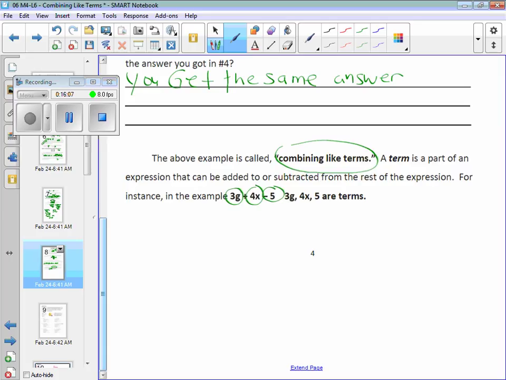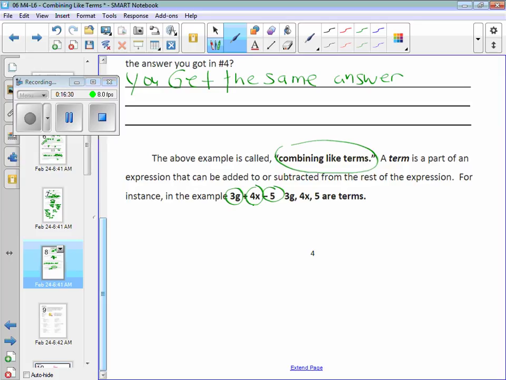Just a whole number by itself is a term. Now, there are rules of what we are allowed to combine and what we're not, which we are going to cover.